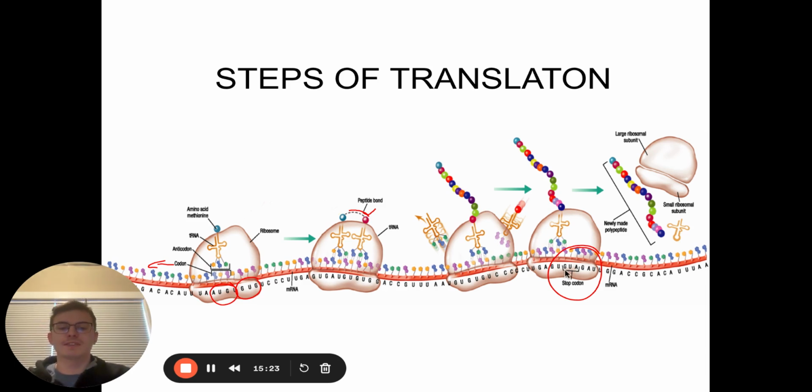And then once we hit the stop, that's when we're done. Everything breaks apart. So this long, newly created amino acid chain breaks apart. The ribosome does its job, and then all the tRNAs leave. And now what we have is this big, long chain of amino acids.